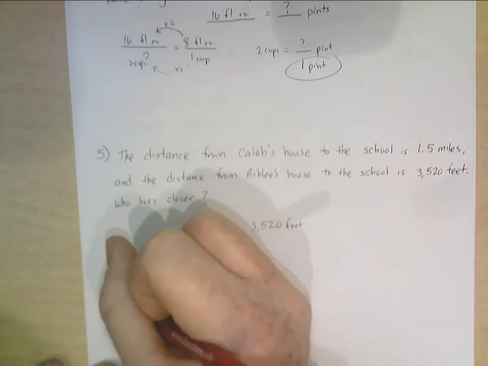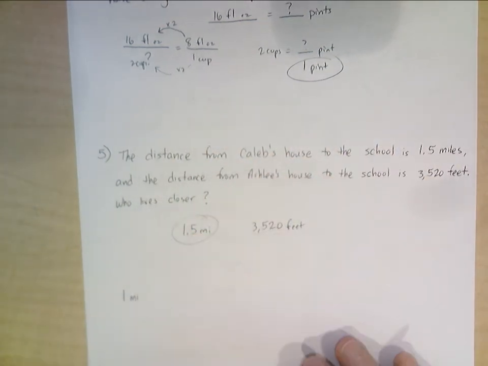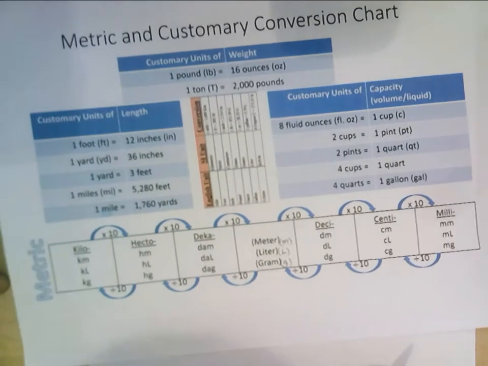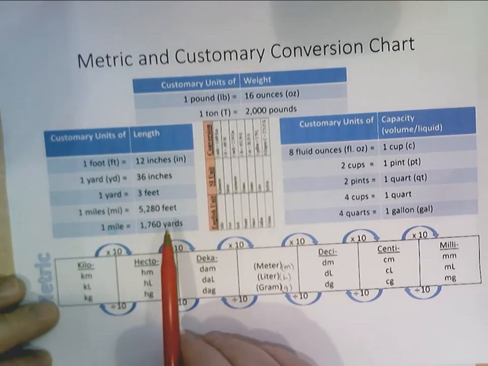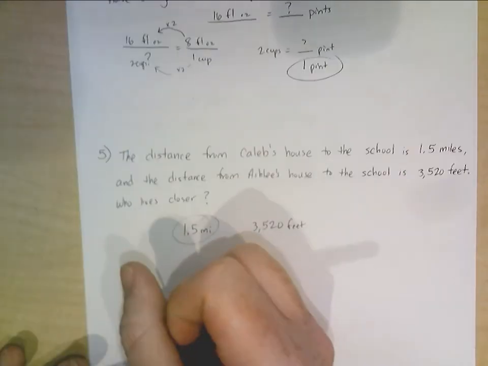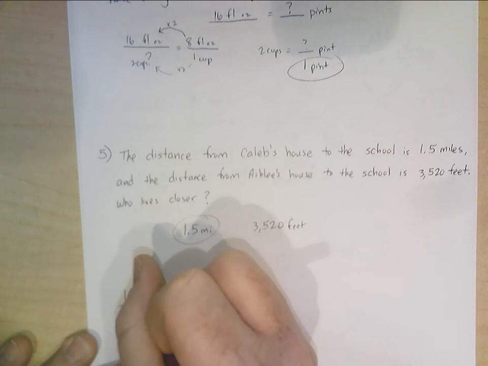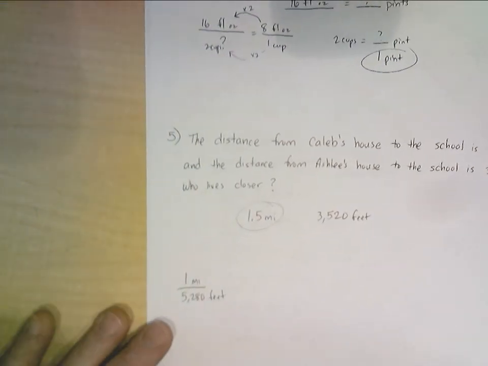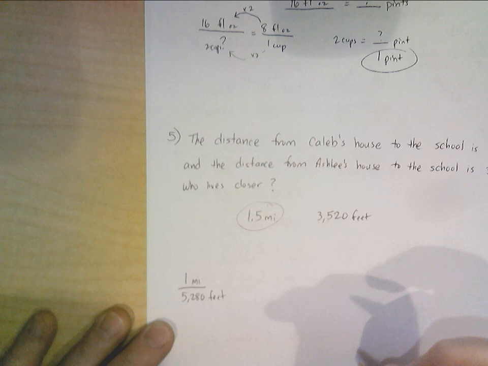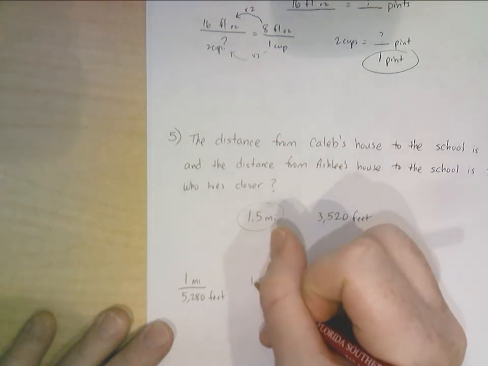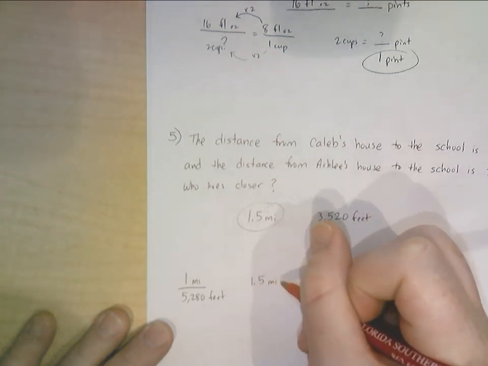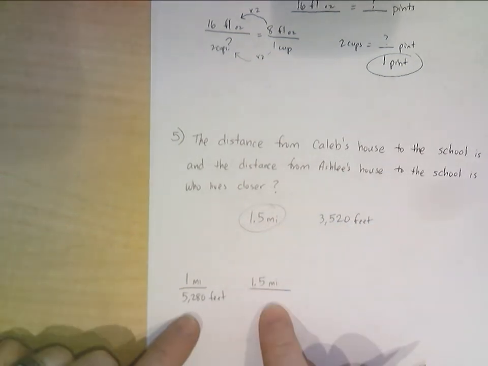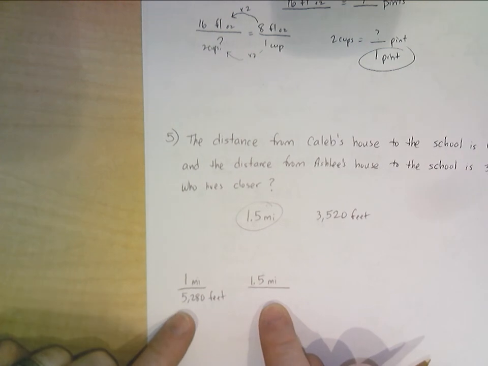So based on a conversion chart, 1 mile equals 5,280 feet. Since we know that, and we're looking at 1.5 miles, the number of feet is going to be much bigger than 5,280.